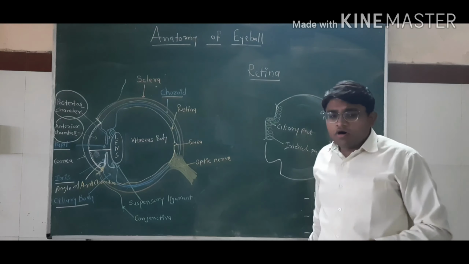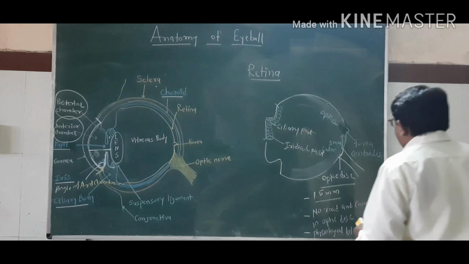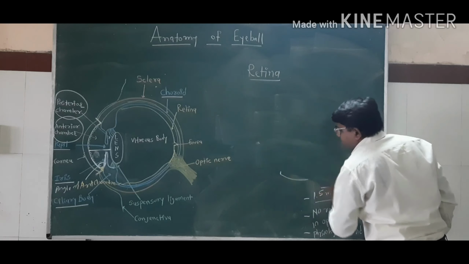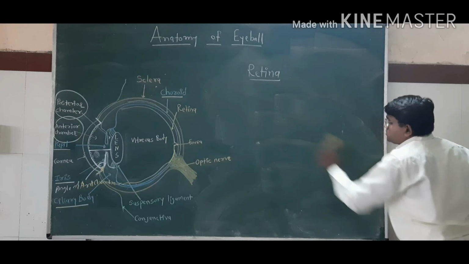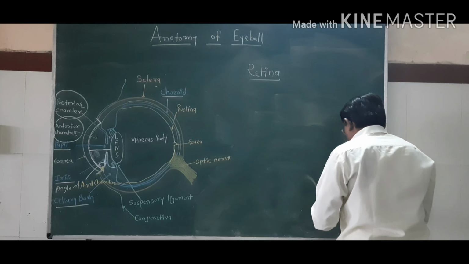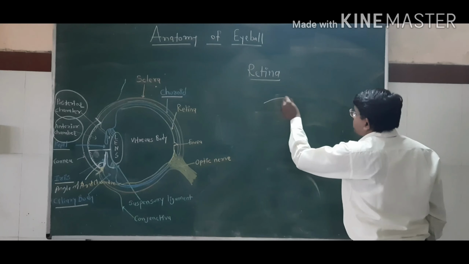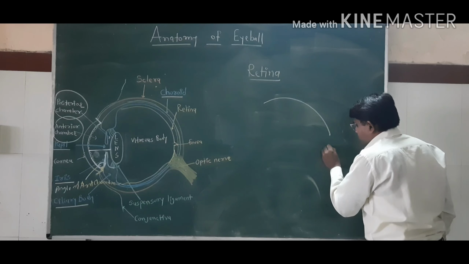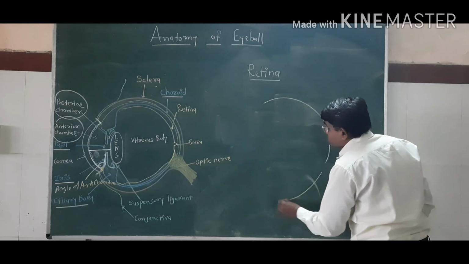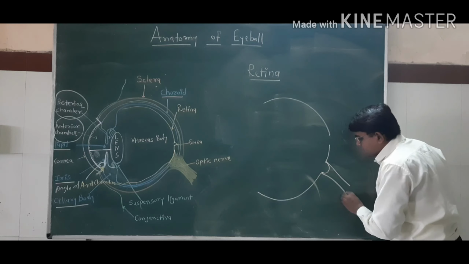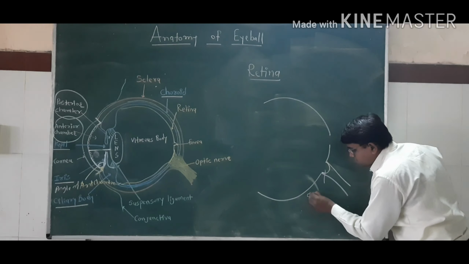So if we draw here the macula lutea, first of all, it is the optic part. Here is the depressed area at the entrance of the optic nerve, and it is known as the optic disc.